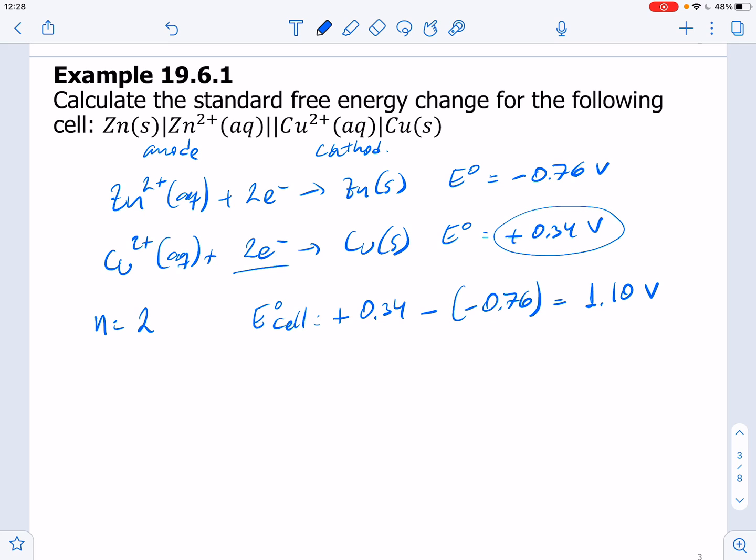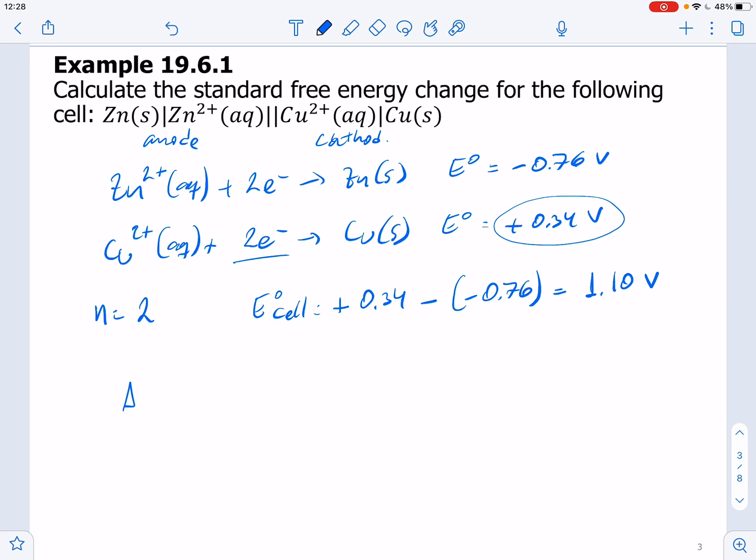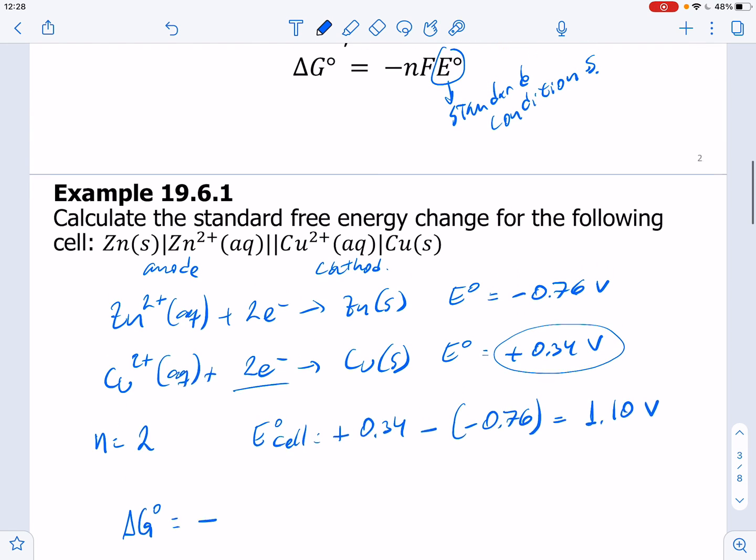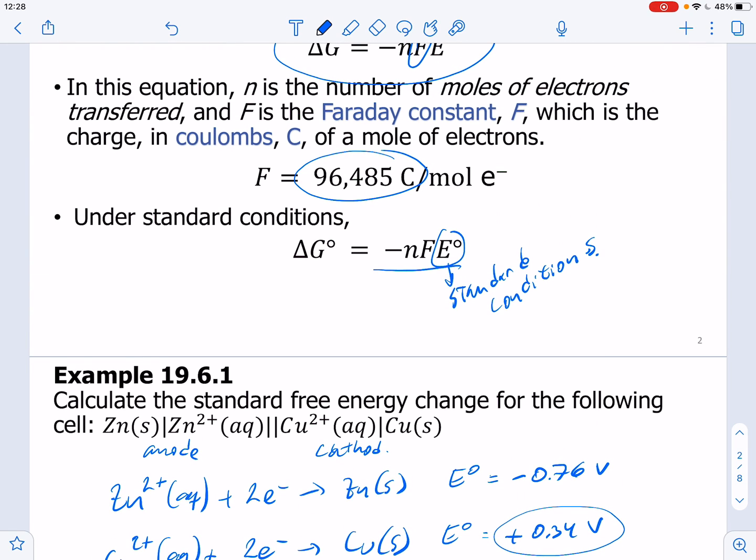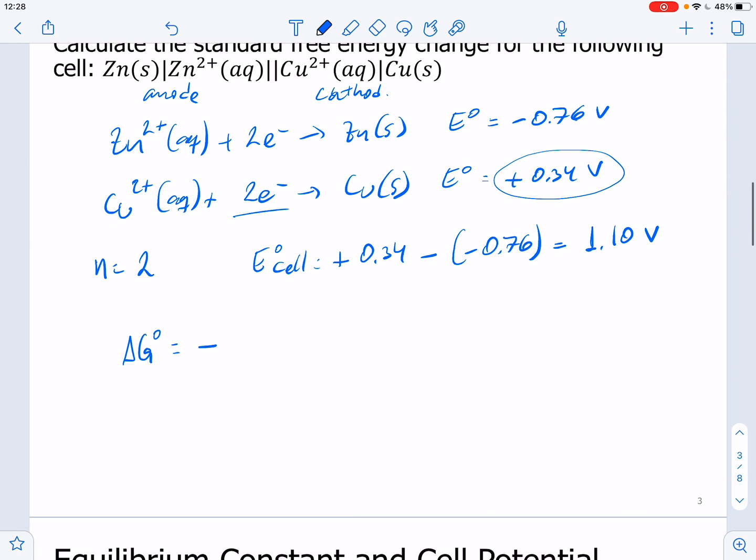Now if we are calculating delta G for this reaction, since we are using the standard potential, this is the standard Gibbs free energy, and it's going to be equal to minus, remember the equation is minus nFE, so minus 2, this is technically moles of electrons, times 96,485 coulombs per mole of electrons, times the voltage, which is 1.10.